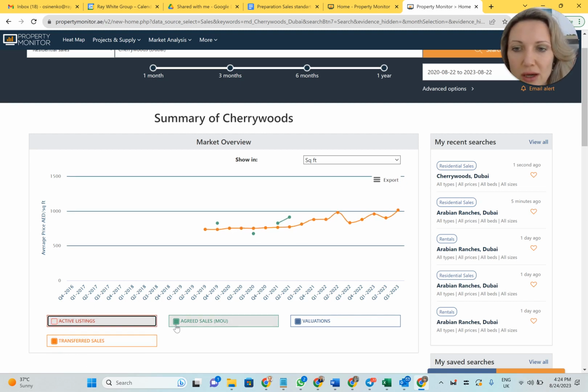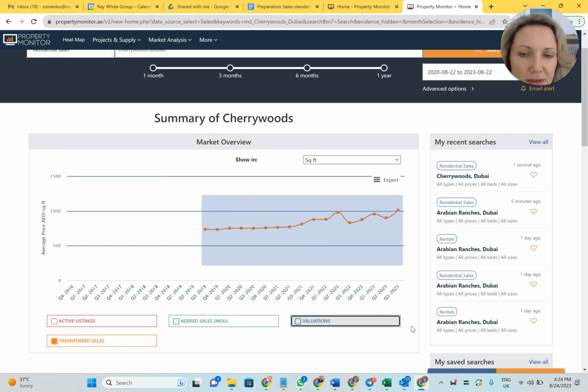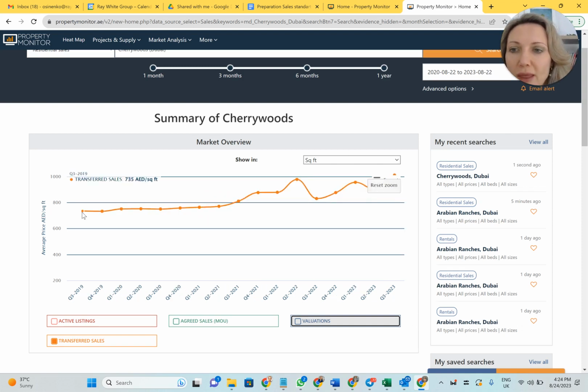So again, we are removing everything we do not need. And in this case, you can zoom or you can keep this graph as it is. So again, we are starting from 735, and we are here in 1012.